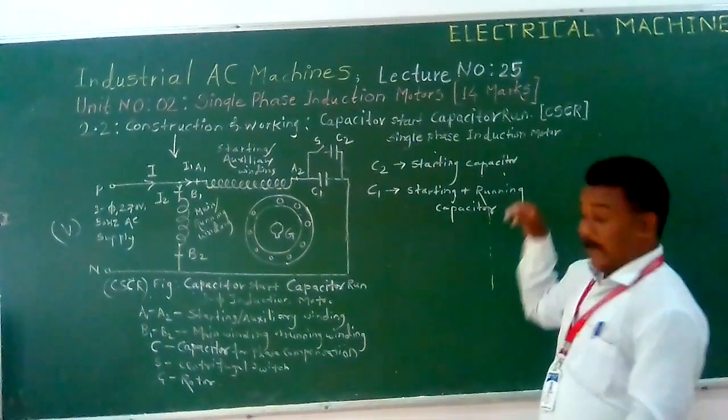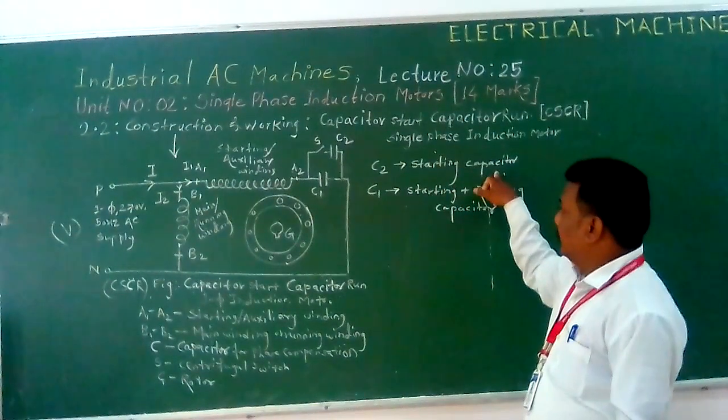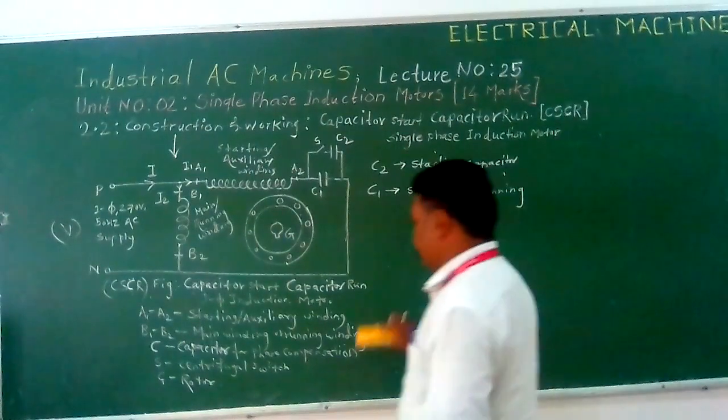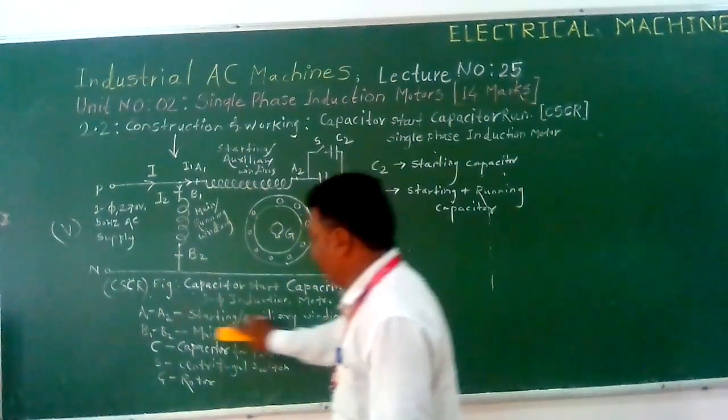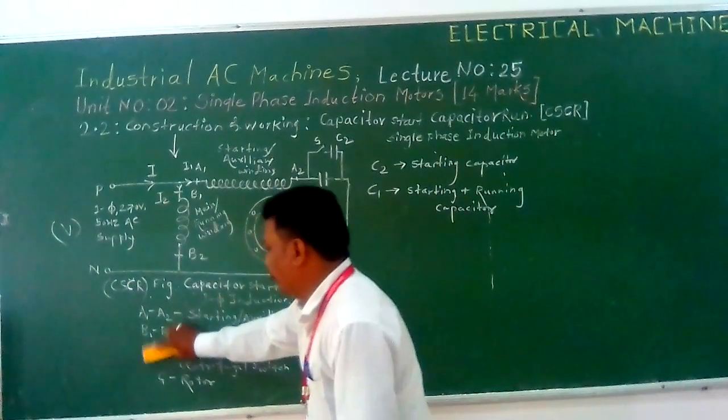C1 is the starting as well as running capacitor. C2 is the starting capacitor only. S is the centrifugal switch.